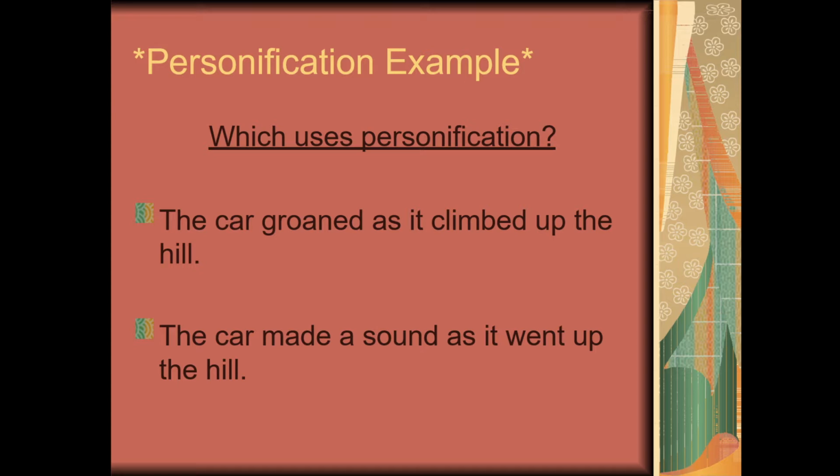Between these two examples, the first one is our personification, because it's normal if a car makes a sound. Of course, the engine is working, and the friction between the tire and the ground is also there. But the car cannot groan, because groaning is a human thing.